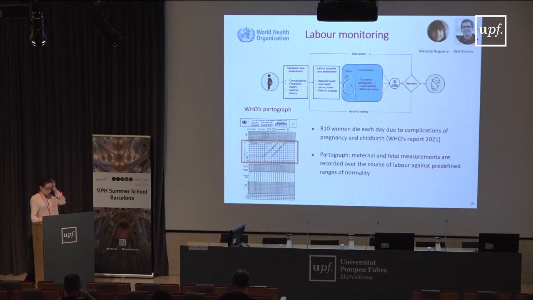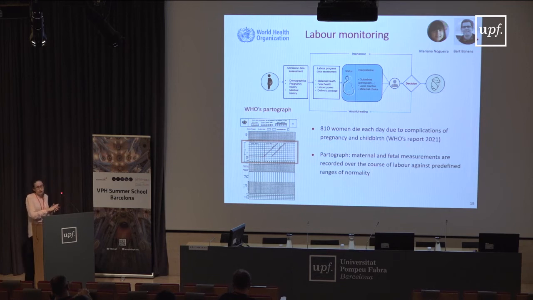The closest to a decision support tool for labor is the World Health Organization Partograph. This is just a piece of paper where the healthcare provider plots the evolution of several fetal and mother measurements during the course of the pregnancy and during the childbirth.